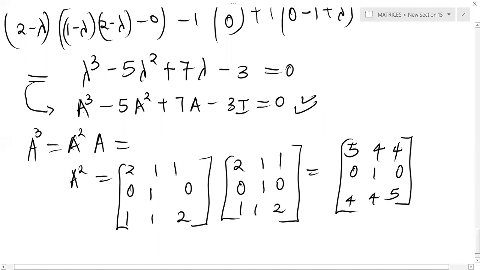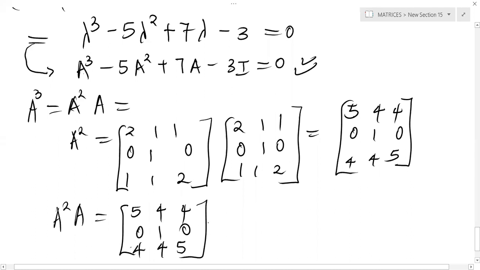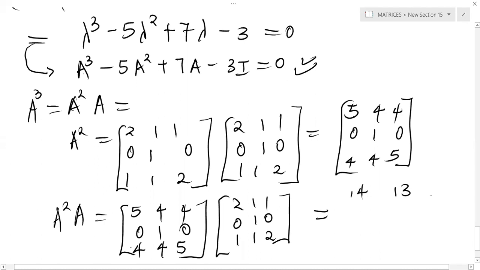After getting the value of A squared, then we take A squared and multiply it with A. So A squared multiplied with A, that will be 5, 4, 4, 0, 1, 0, 4, 4, 5, multiplied with the value of A, which is 2, 1, 1, 0, 1, 0, 1, 1, 2. Okay, fine. So if we evaluate that correctly, we should be able to get 14, 13, 13, 0, 1, 0, 13, 13, 14 as our value of A cubed.